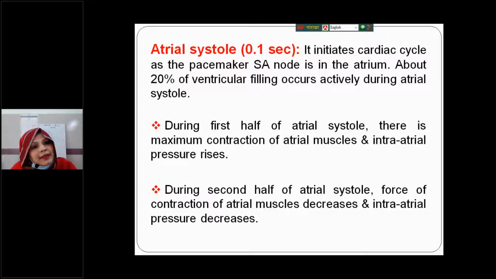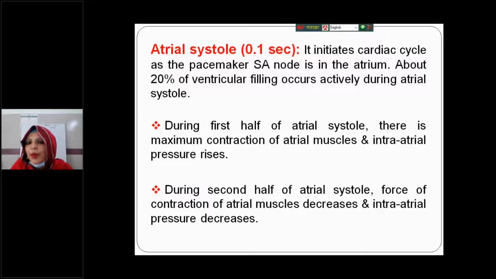So in atrial systole, again I am repeating, we can divide atrial systole into two halves, first half and second half. During the first half, maximum contraction of atrial muscles occurs. That is, atrial muscles contract forcefully, so intra-atrial pressure in the right atrium and left atrium increases.